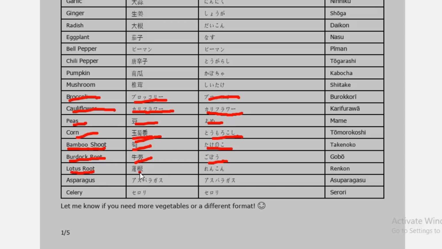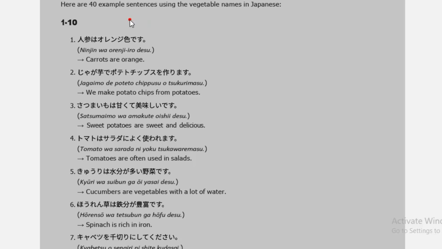For lotus root, it is renkon. Renkon. For asparagus, it is asuparagasu. Asuparagasu. For celery, it is serori. Serori. Now let's see some examples of vegetable names in Japanese.